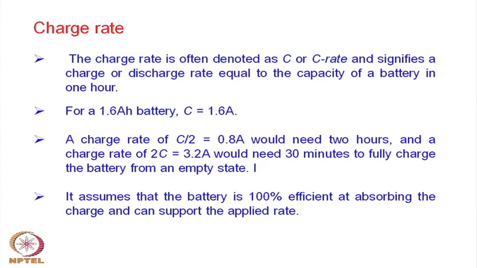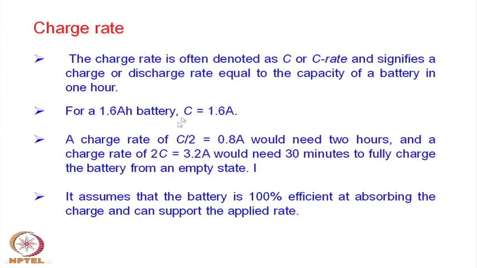So, if the capacity of a particular battery is 1.6 ampere hour, 1 C becomes 1.6 ampere. That means, in 1 hour you charge it fully or discharge it fully at the rate of 1.6 amp. So, if you draw a current of 1.6 ampere over a period of 1 hour, then this is the total capacity of the battery, and this becomes the C rate.